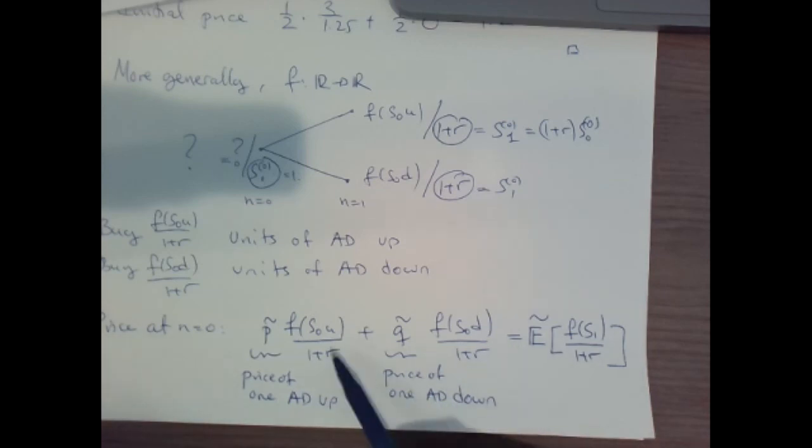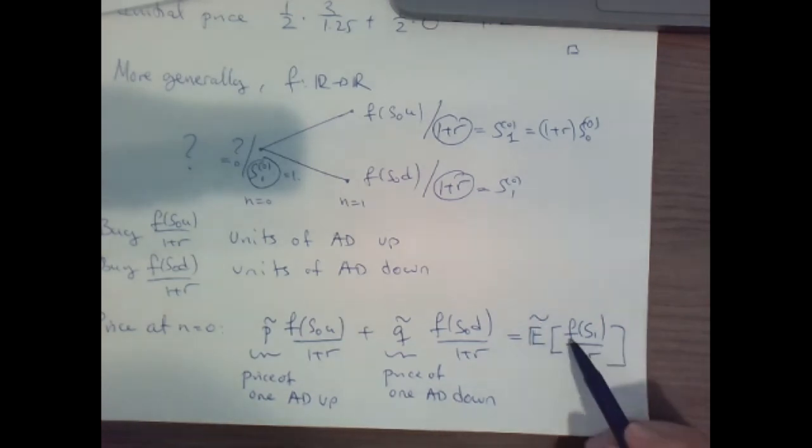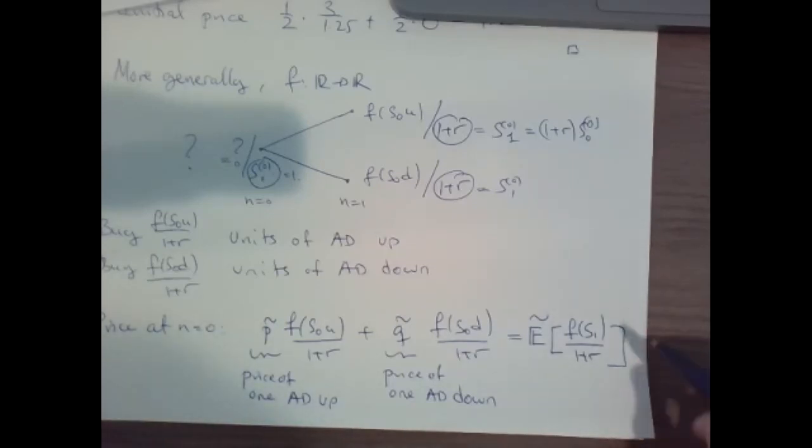That allows me to write this sum as an expectation under a probability measure of a random payoff. And so you take the payoff of the derivative and you divide it by the bank account's value at time 1. And this is the risk neutral pricing formula.